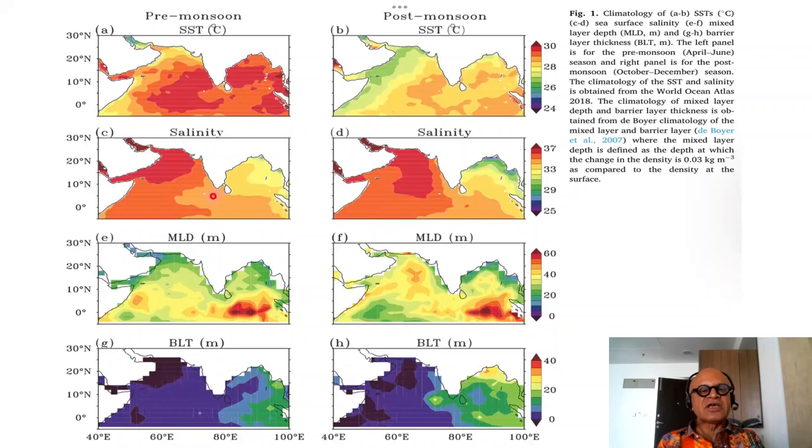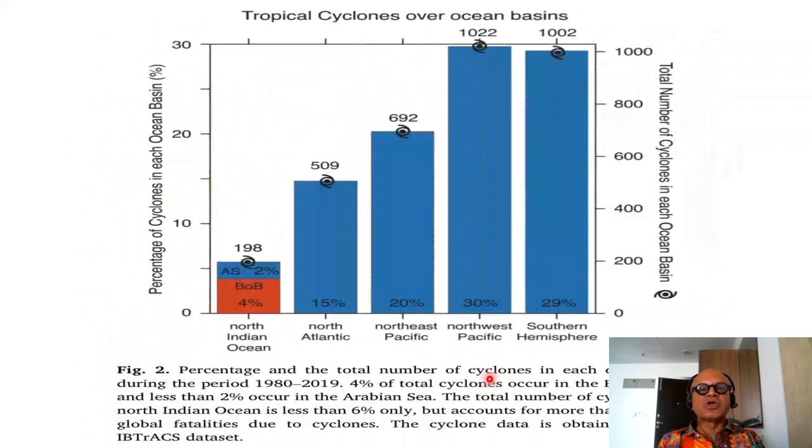So barrier layer thickness corresponding to the salinity here is small, whereas it is generally small over the Arabian Sea compared to the Bay of Bengal, which especially during the post-monsoon season has thicker barrier layers, which there is also work by Ping Chang's group showing that barrier layers can affect the intensification of cyclones.